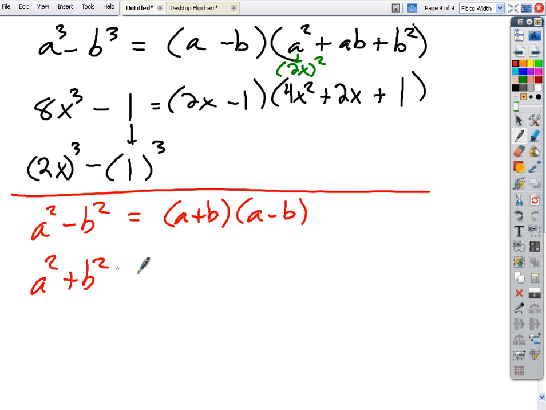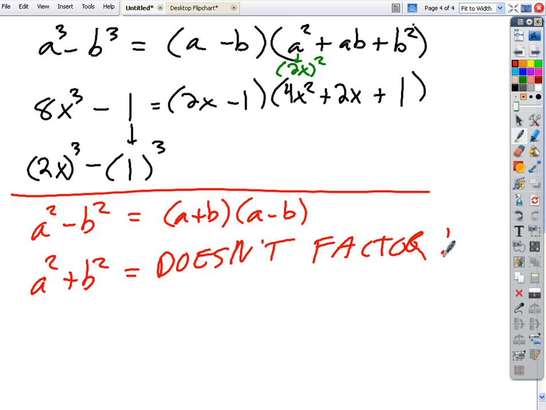Does that factor? No. That's one that never factors. You're done. If something looks like it would be a sum of squares, it won't factor. So you leave it.